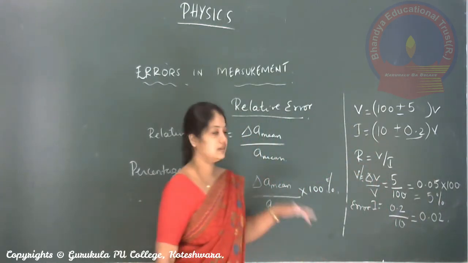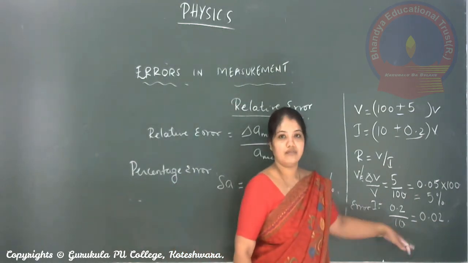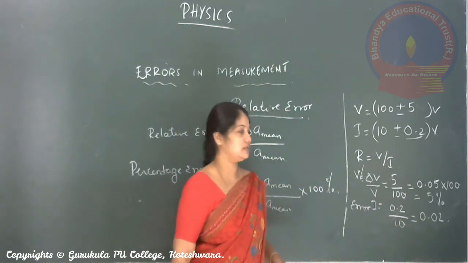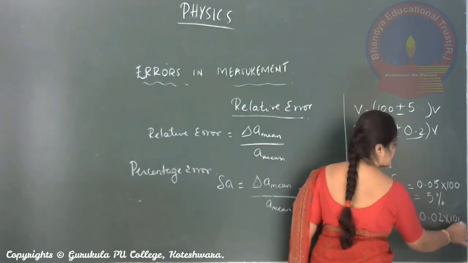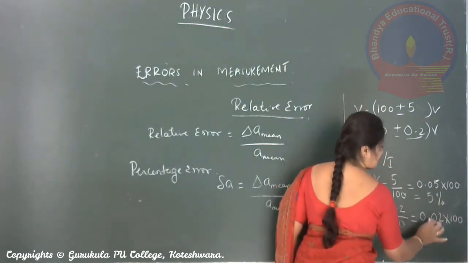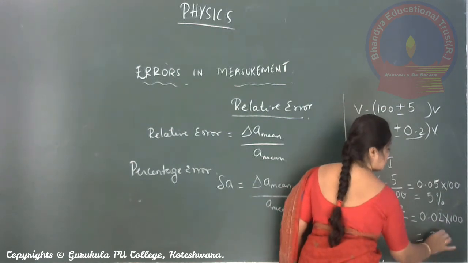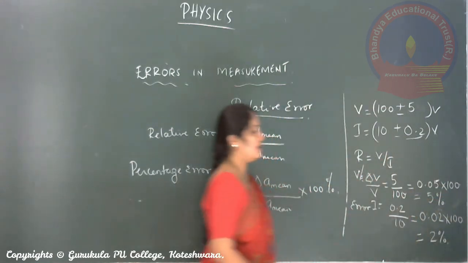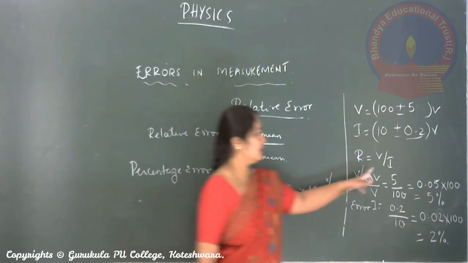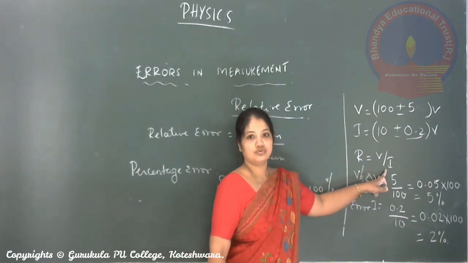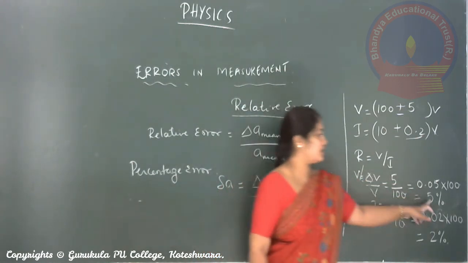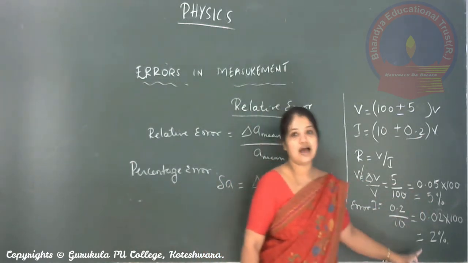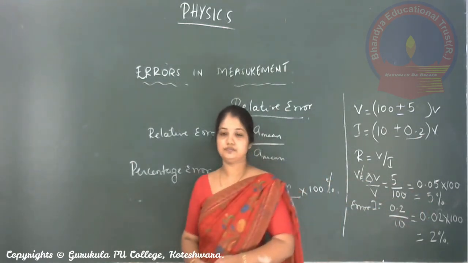If I want to calculate the percentage error, I have to multiply this by 100. So it will be 2%, the error in the current. Clear? So the voltage will have 5% error and the current will have 2%.